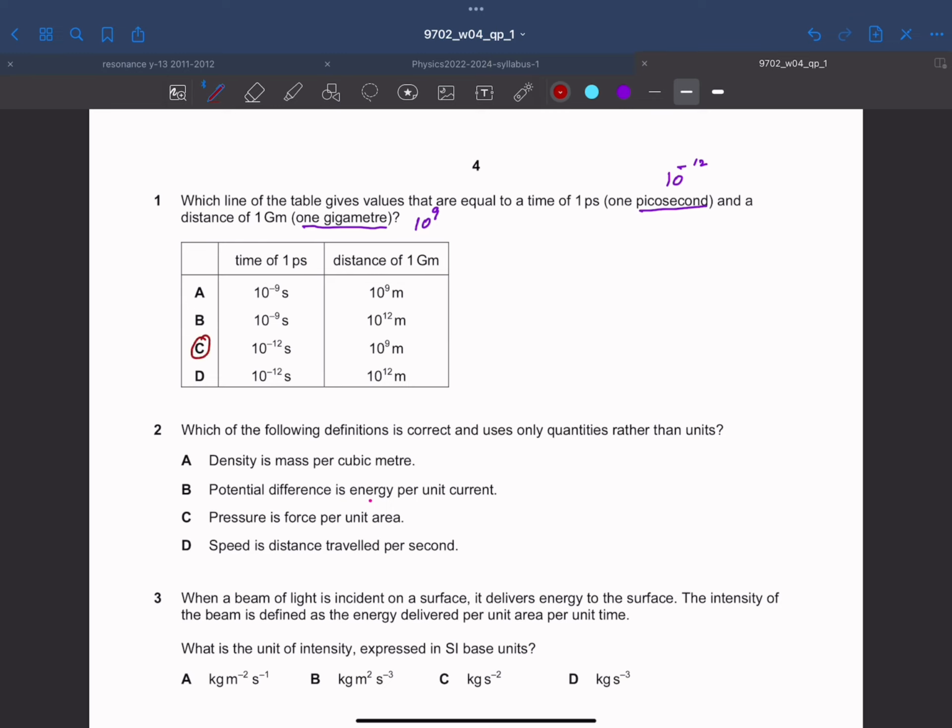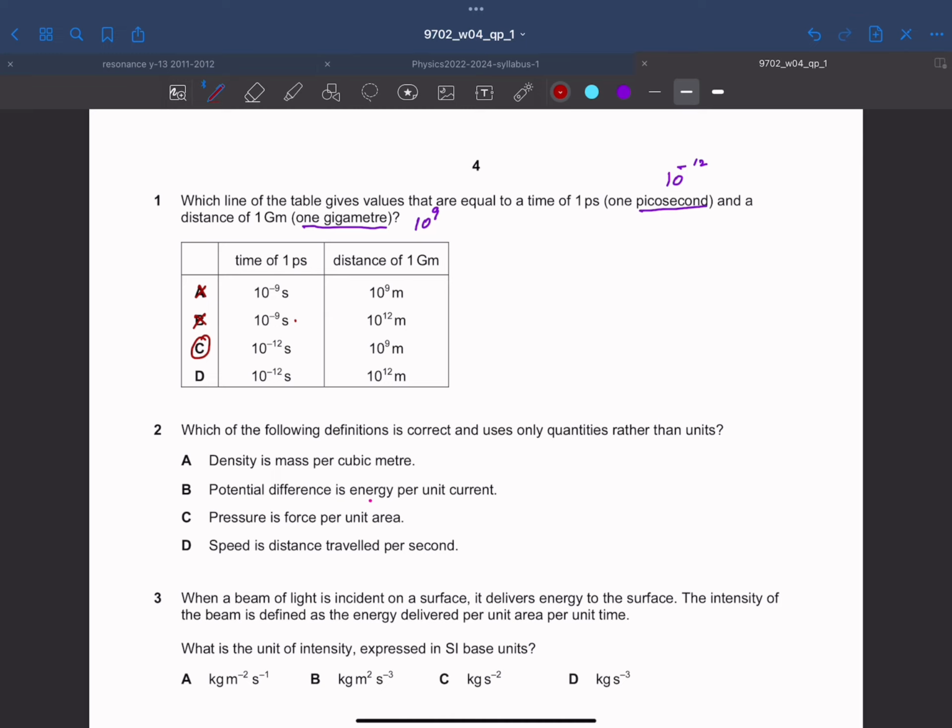Of course, the others are not correct. Here you have nano, here you have pico. So nanos are not correct in the first two options. Then in C we have 10 to the power minus 12, which is pico.